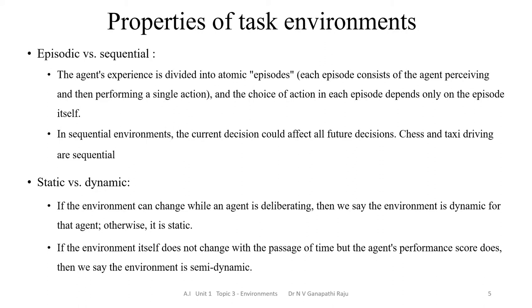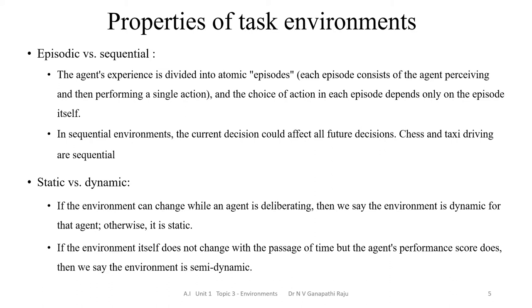Let us consider static versus dynamic properties. If the environment can change while the agent is deliberating, then we can say that the environment is dynamic for that agent. Otherwise, it is static. Static environments are easy to deal with because the agent need not keep looking at the world while it is deciding on an action, nor worry about the passage of time, whereas dynamic environments are continuously asking the agent what it wants to do.